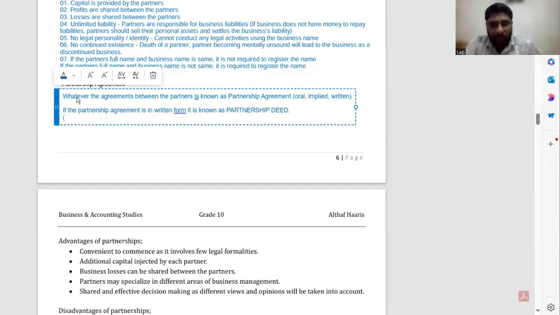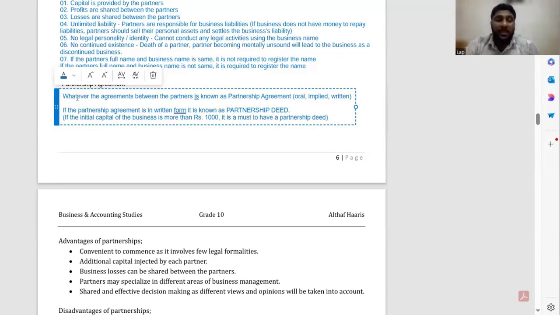Under that, write down: if the initial capital of the business is more than rupees 1,000, it is a must to have a partnership deed.